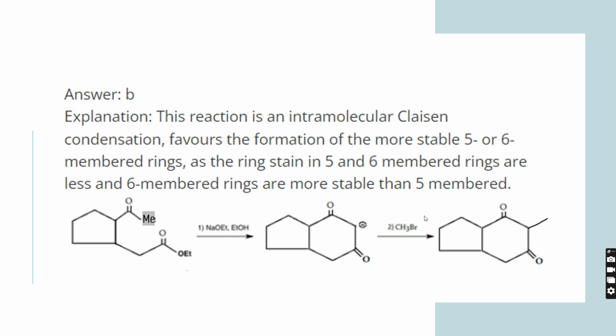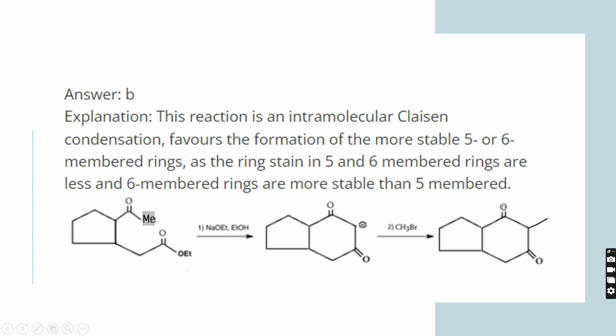So the reaction is not stopping at the diketone form, and further abstraction of acidic proton will take place. That acidic proton abstraction will give you the second carbanion and thereby the second enolate, and that second enolate is going to attack at methyl bromide to give you this methyl attached at this carbon.